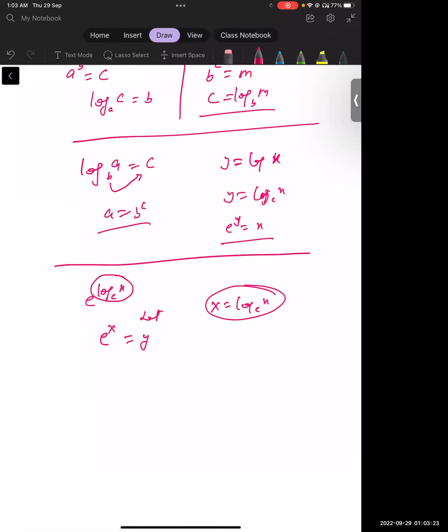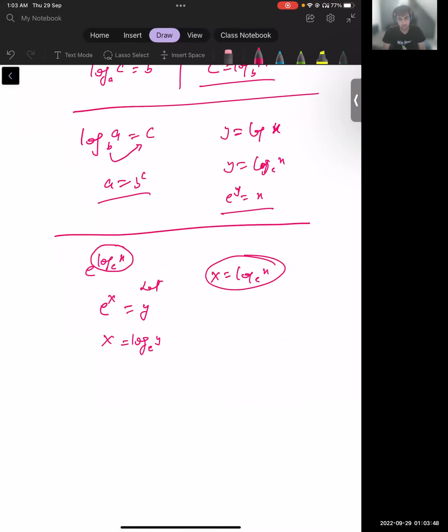Now I want to do it in the form of logarithm. Can you write it in the form of logarithm? Please tell me what the answer will be. It will be log y to the base e is equal to capital X. But what was capital X?